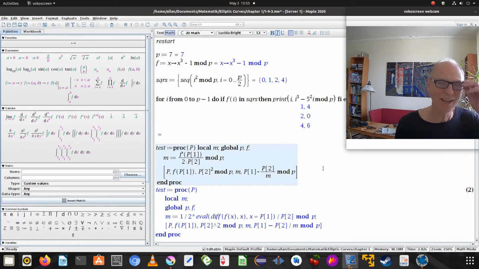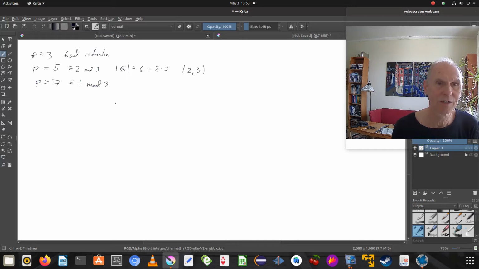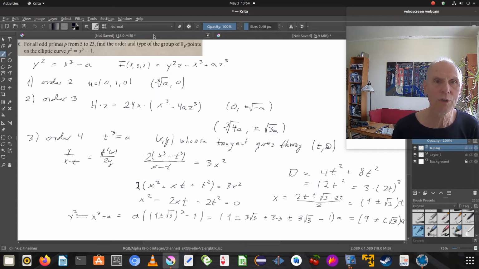Back again. We have 1, 2, 3, 4, 5, 6 points all together. So the type must be 2.3. And let's just check the point of order 2.